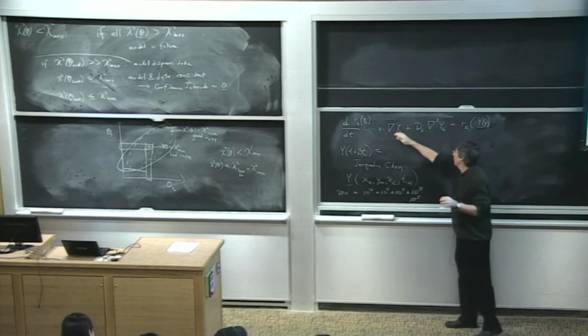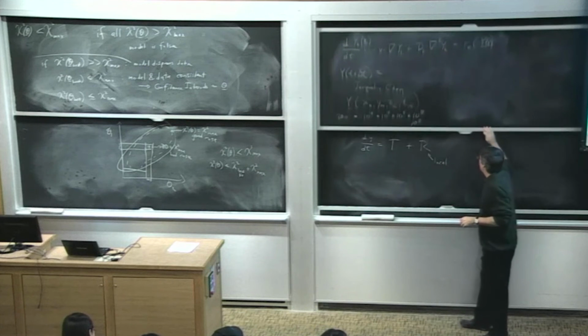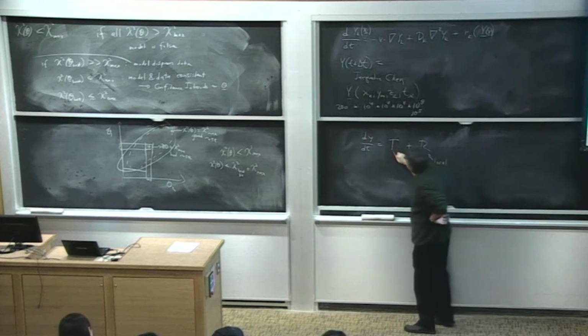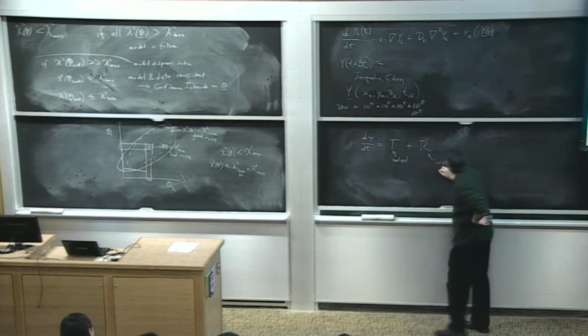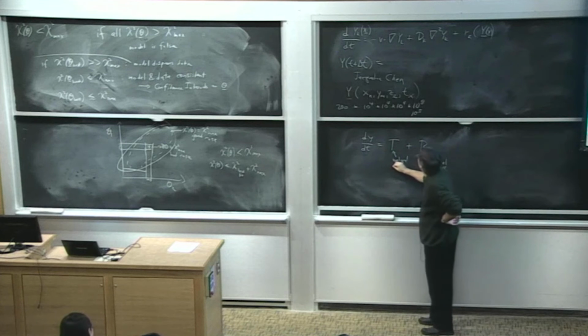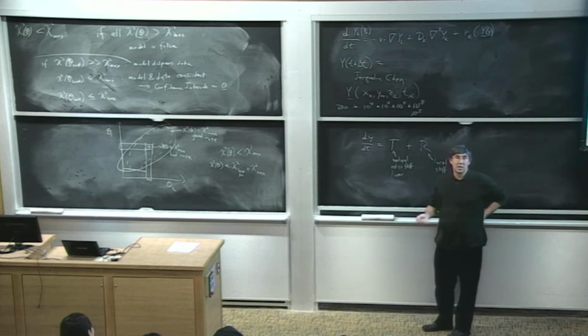But if I break it up, I have this local thing and this non-local thing. This one is local, it's stiff. This one is non-local, but it's not so stiff. And often it's linear or nearly linear, because the transport terms are mostly linear.